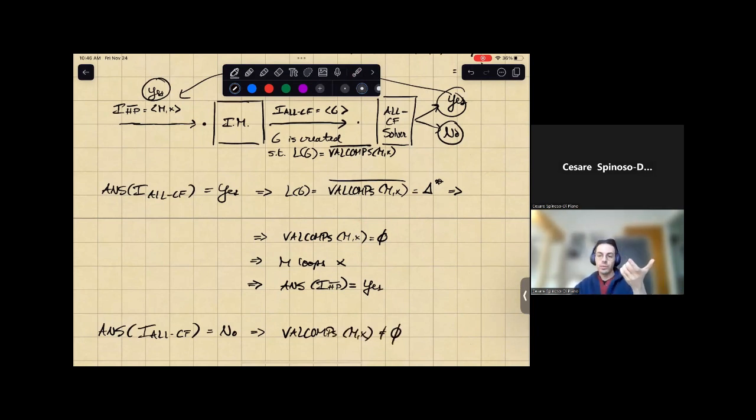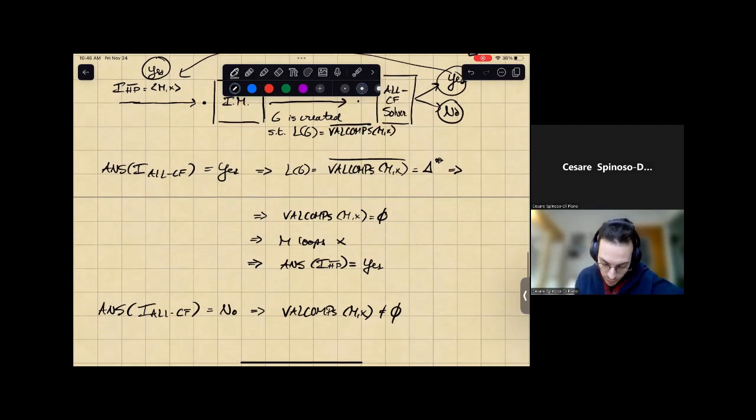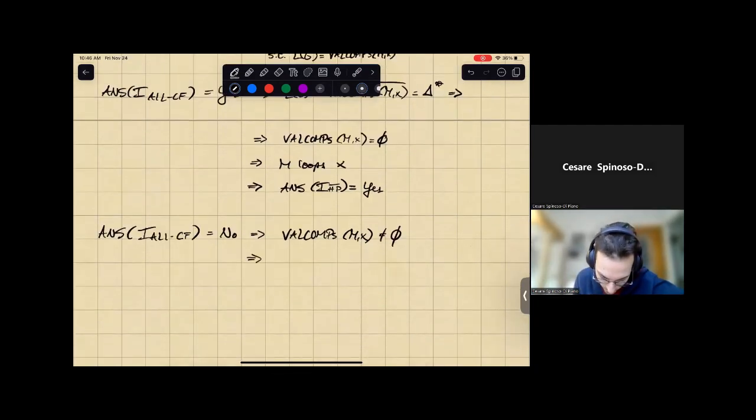Which means that Val-comps, the language containing valid computation histories, has at least one finite string. Strings are finite in our case, okay? And so that means that it has a string where there's a halting instantaneous configuration at some point. So that means that at some point, M halts on X.